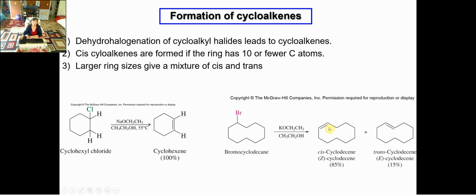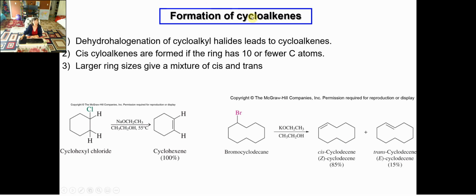You form two different isomers. This one is a cis, this one is a trans. Actually, the cis molecule is more dominant, due to torsional strain and angle strain. You want to eliminate the angle strain in this case.